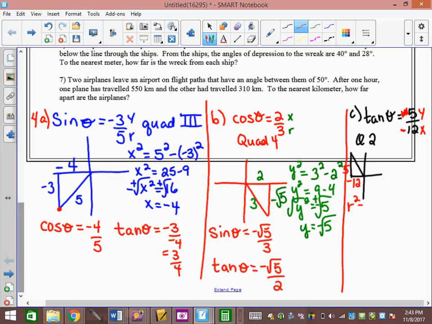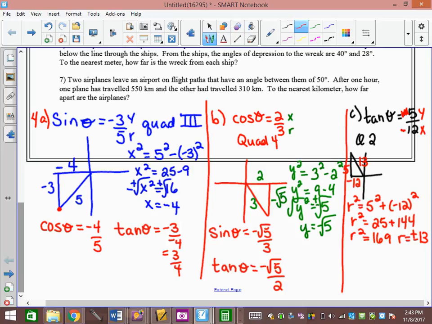R squared equals 5 squared plus negative 12 squared. R squared equals 25 plus 144. R squared equals 169. R equals plus or minus 13, and in this case it's positive because it's R. Always.